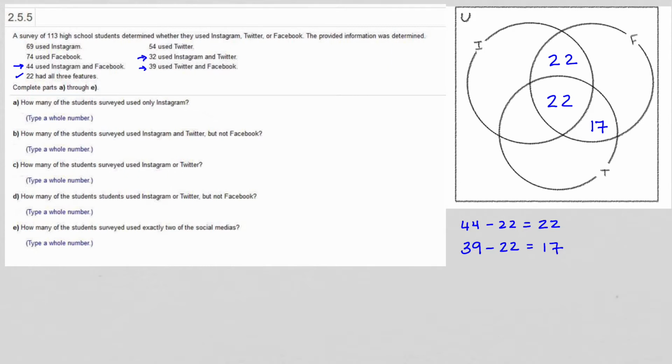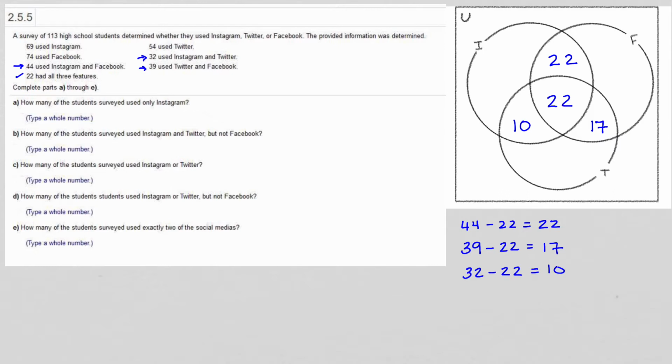So Instagram and Twitter, that's this area, and it said 32. So 32 minus the 22 we've already counted gives me 10. So I have 10 who used Instagram and Twitter, but not Facebook.